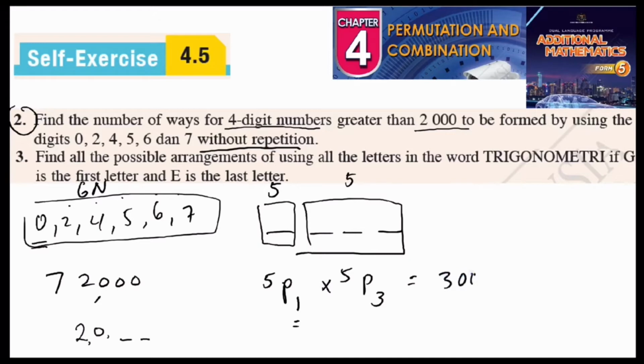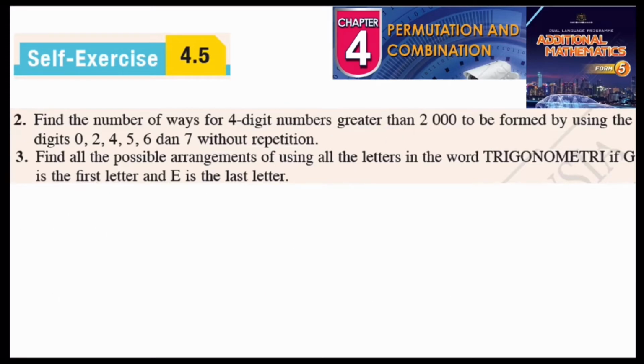If you press your calculator, the answer is 300 ways for you to form a 4-digit number greater than 2000 without repetition for the digits 0, 2, 4, 5, 6 and 7. There are 300 ways. Now let's proceed to question number 3.